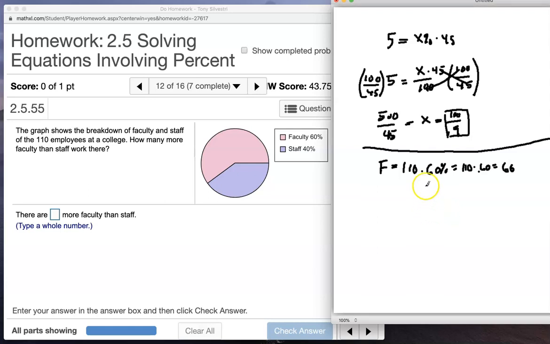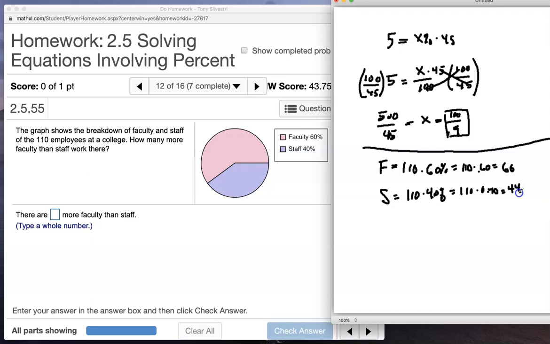Okay. And then we've got staff. Staff says that there's 40% of the 110. See, the total amount in this pie chart is 110. 40% of 110 are staff. So 40% of 110 is equal to 110 times 0.40, and that's going to equal 44.